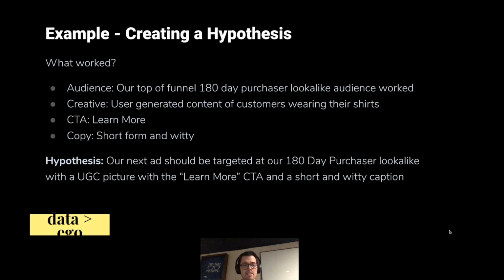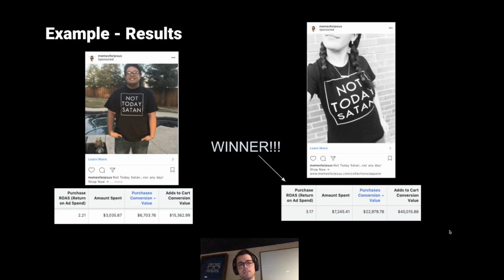So our hypothesis is our next ad should be targeted at our 180-day purchaser lookalike with a user-generated content picture, a learn more call to action and a short and witty caption. So let's put two ads out into the world, one with a guy wearing it, one with a girl wearing it, not showing her face. They're both using the exact same copy, and we're just testing which ad is better.